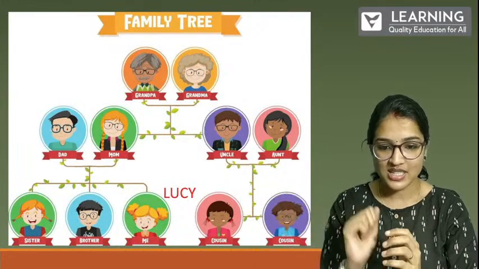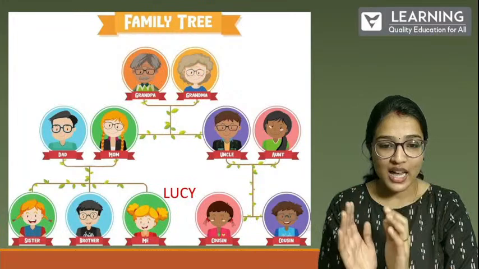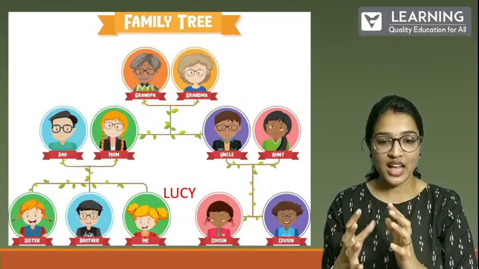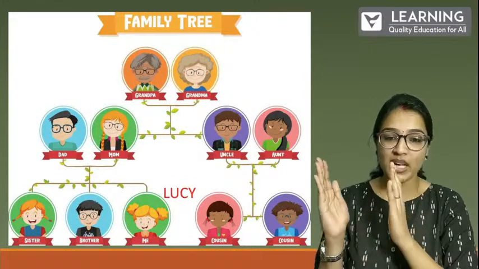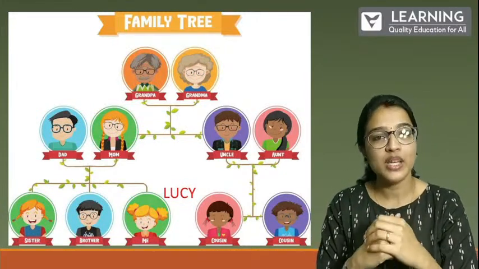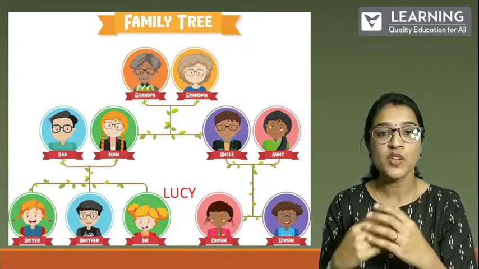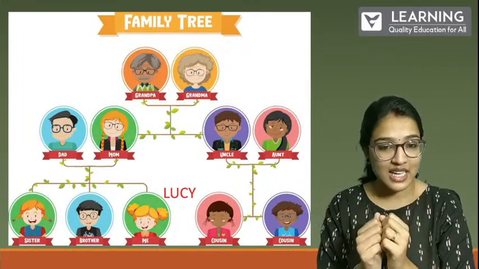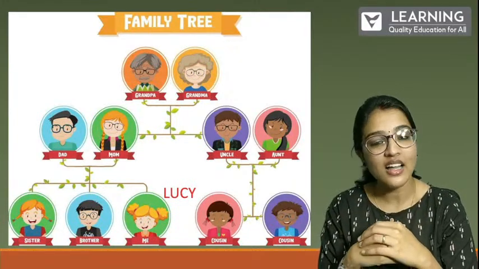Here you can see Lucy, the one with the yellow colored hair. She has drawn her family as a family tree. By looking at her family tree, we can easily identify how many members are there in her family, who all are there, what their relationship is, and how many generations are there in her family.